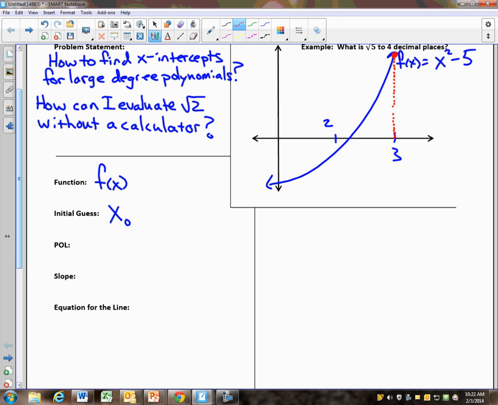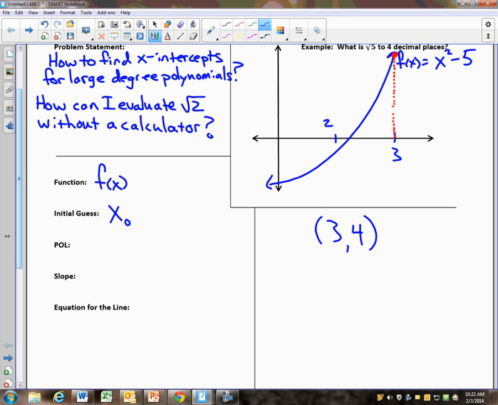If I plug in that guess of 3, I get an output of 4. I don't get 0 like I wanted to. But watch this. This is where it all comes clear. Is it easy to find that point? Yeah, it sure is. That point right there is the point (3, 4).